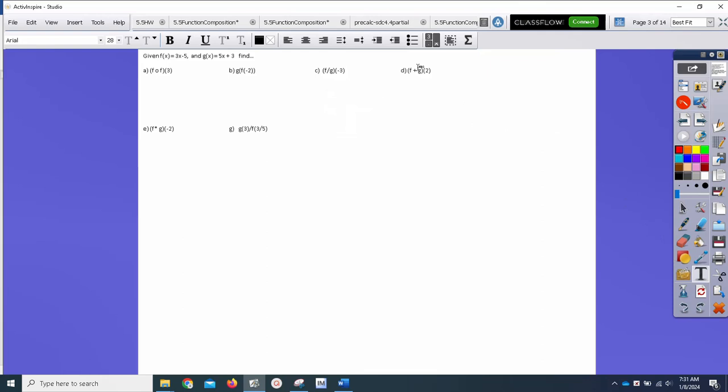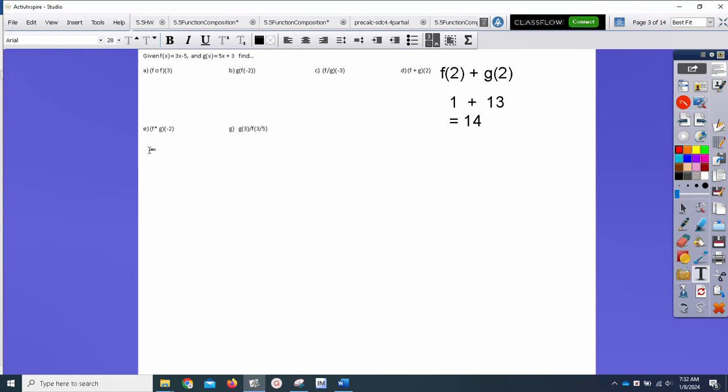Example D is f plus g of 2, which would be f of 2 plus g of 2. I'm getting tired of typing, but if I plug a 2 into f, I get a 1. If I plug a 2 into g, it looks like I get a 13. So 14.